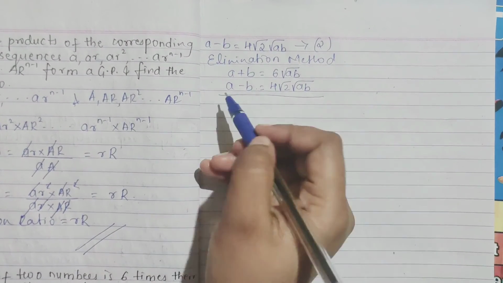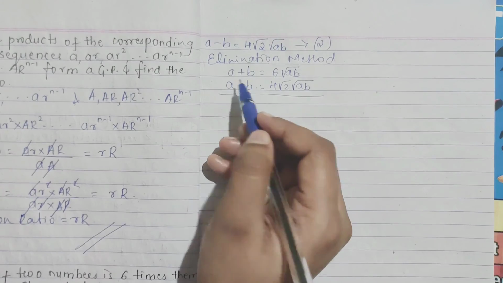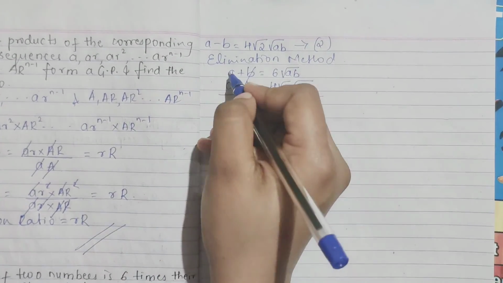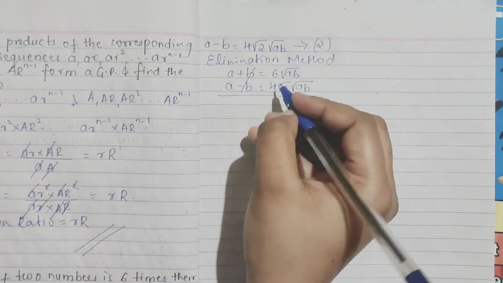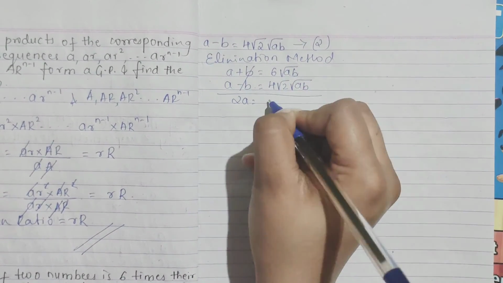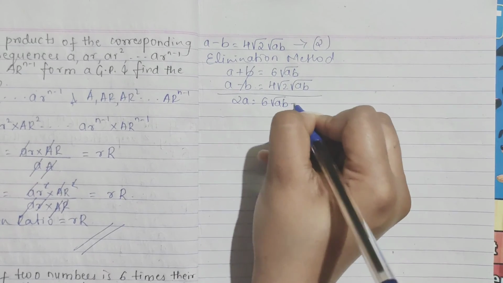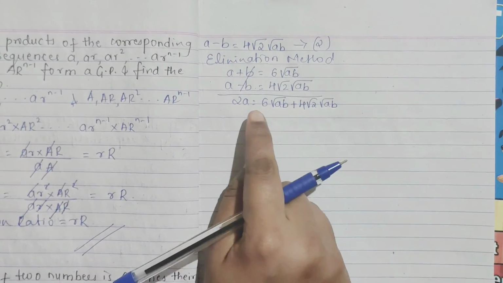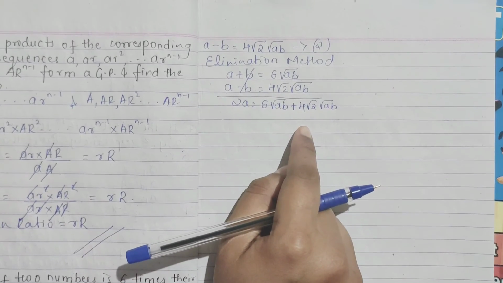We add or subtract depending on the terms. But here plus and minus are already there, so I am not adding or subtracting anything. A plus A becomes 2A. So here it is 6 root AB plus 4 root 2 root AB.